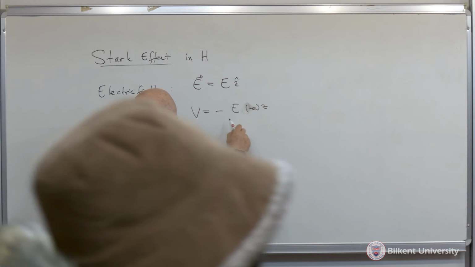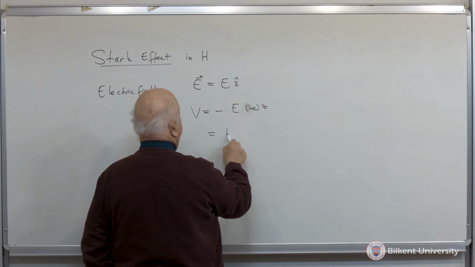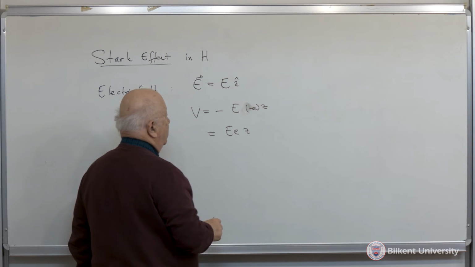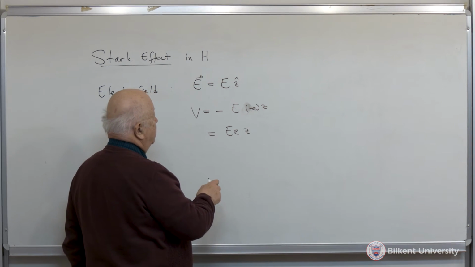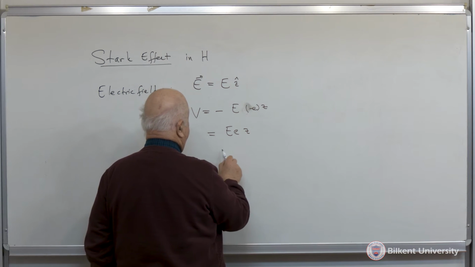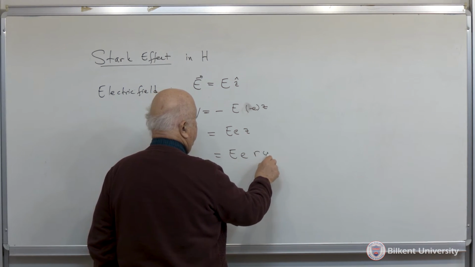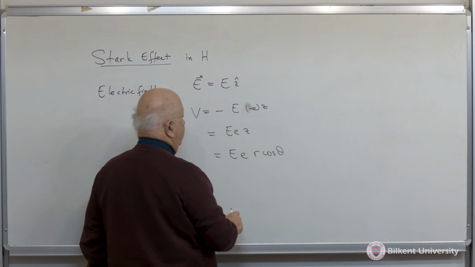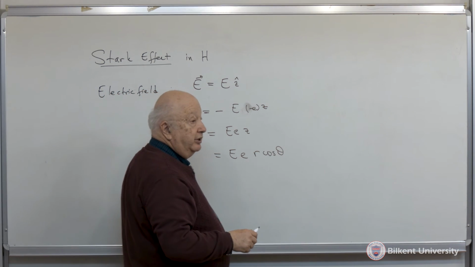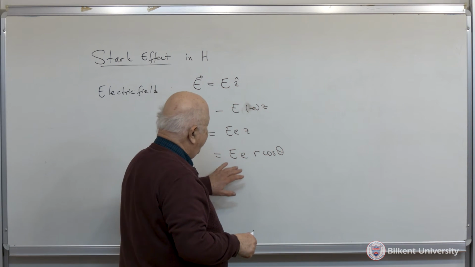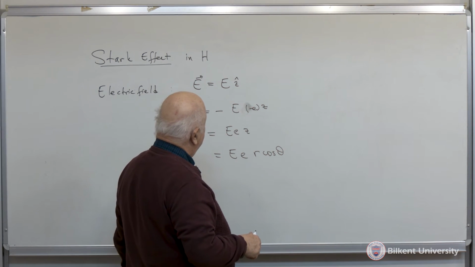Okay, so we are going to get some E times z. And since we are working in spherical coordinates, we'll write this as E times r cosine theta. Okay, so that is the potential energy that we are going to add to the system.